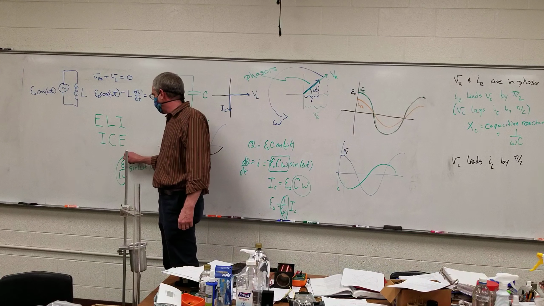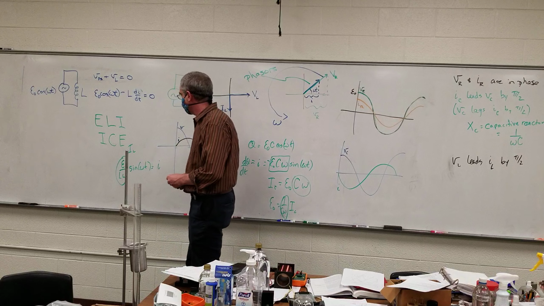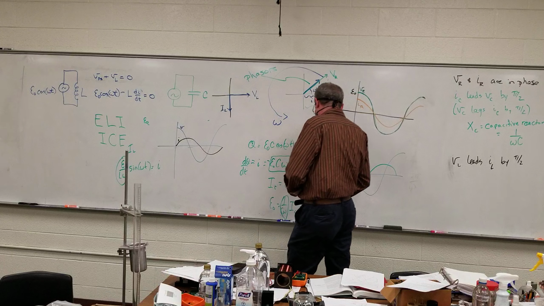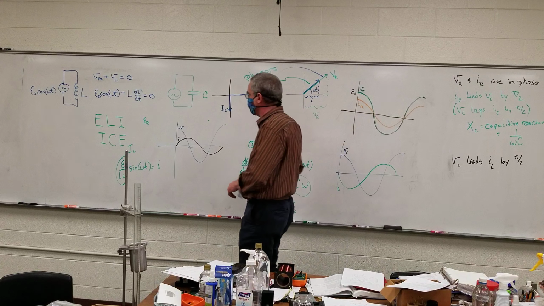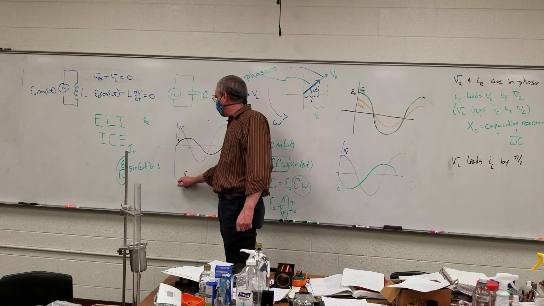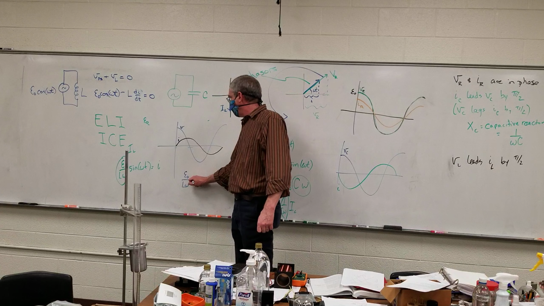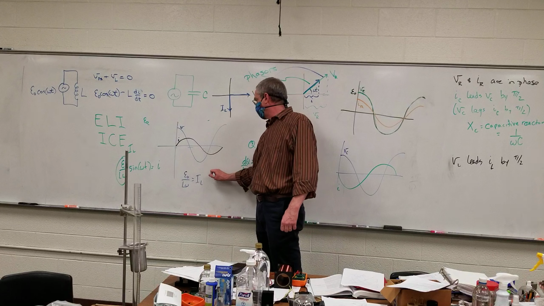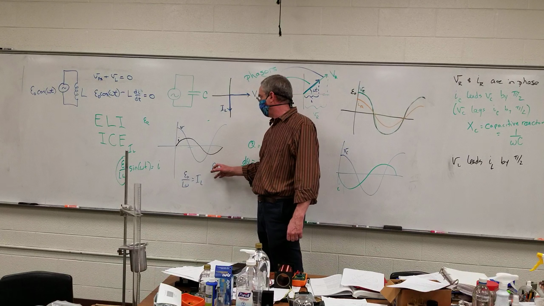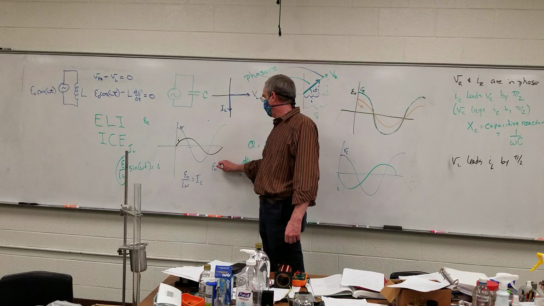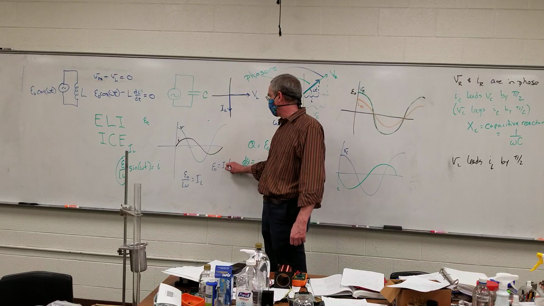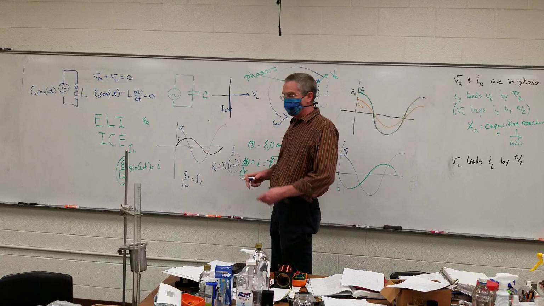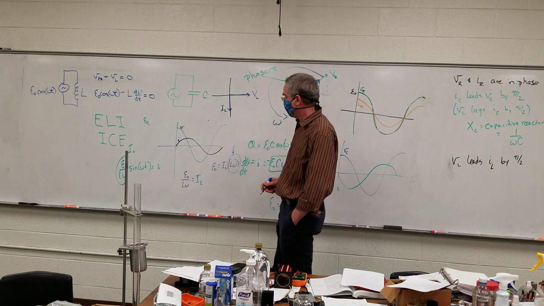This right here would be the maximum current, so that's I sub L. So epsilon sub naught over L omega is equal to I sub L. Bringing this over so we get it into the Ohm's law form, this maximum voltage is equal to I across the inductor times this L omega. And that is the inductive reactance.